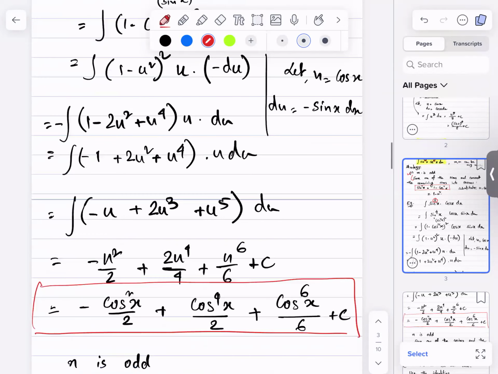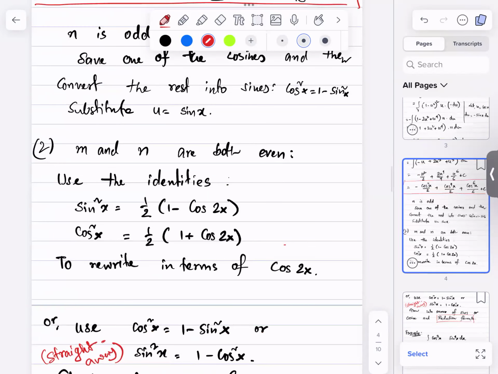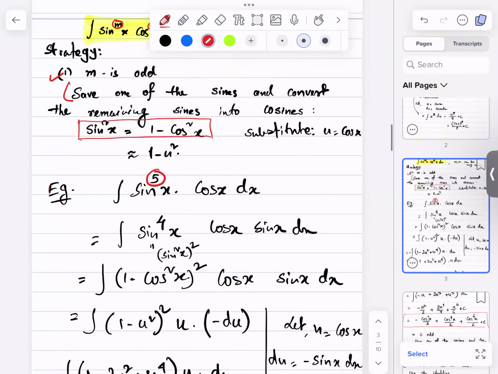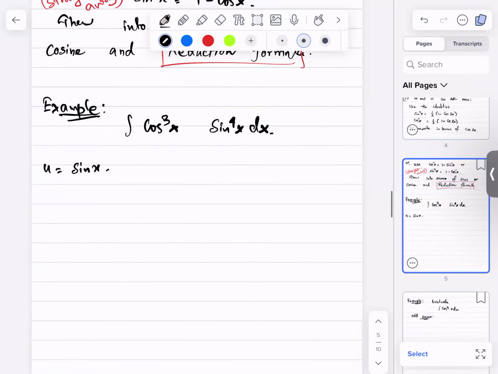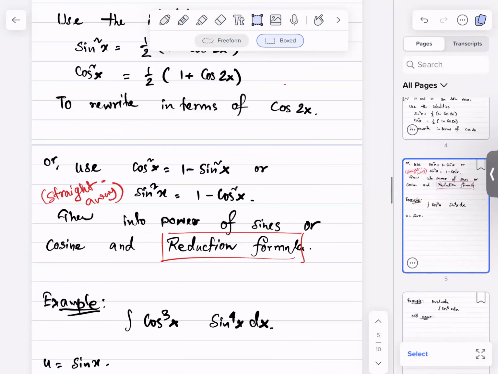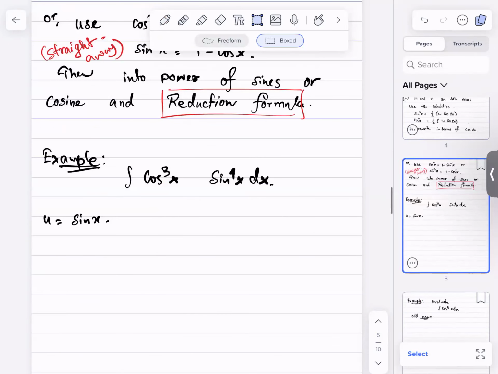Okay, cool. Next, on the other part of strategy 1, if I find n to be odd, let me do one example of this kind. Right there after the strategy.